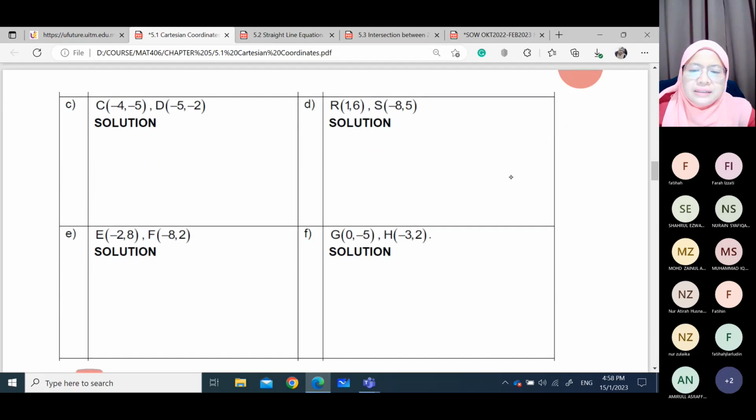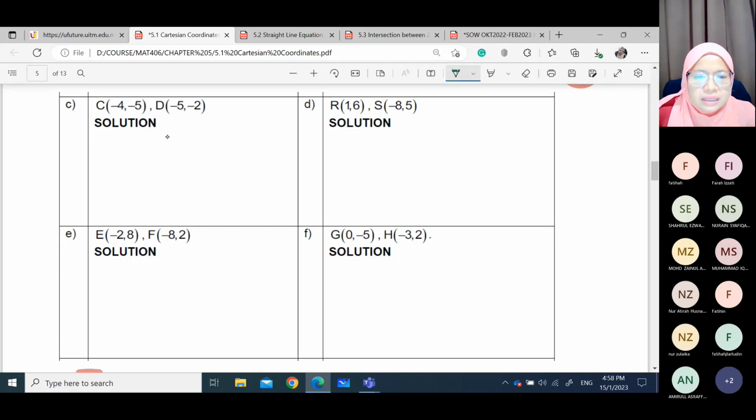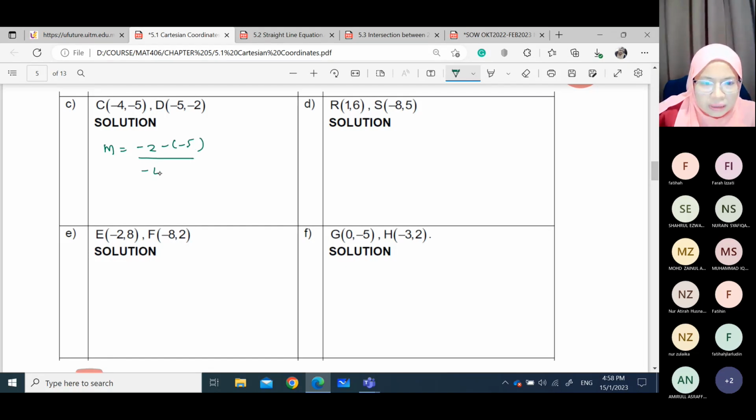This is similar. Let's do this one. For C, we have points C and D. Point C is (negative 4, negative 5) and D is (negative 5, negative 2). So the gradient or slope is M equal to negative 2 minus negative 5 over negative 5 minus negative 4.